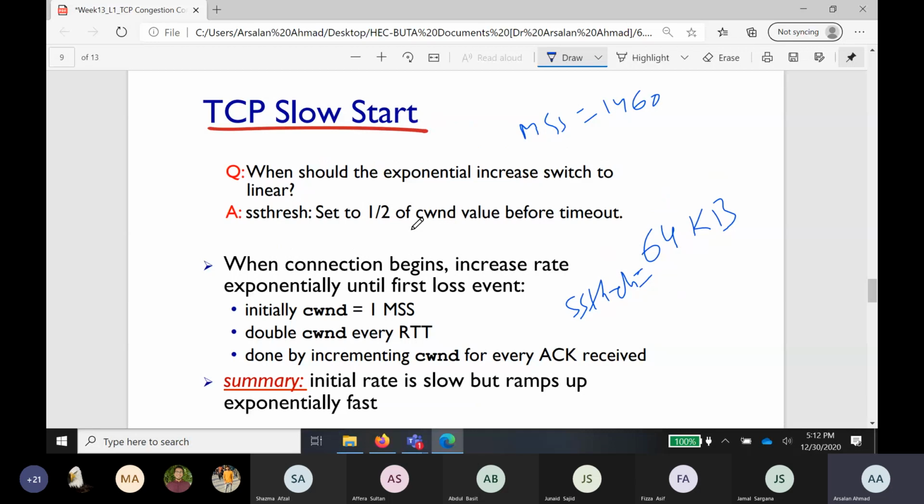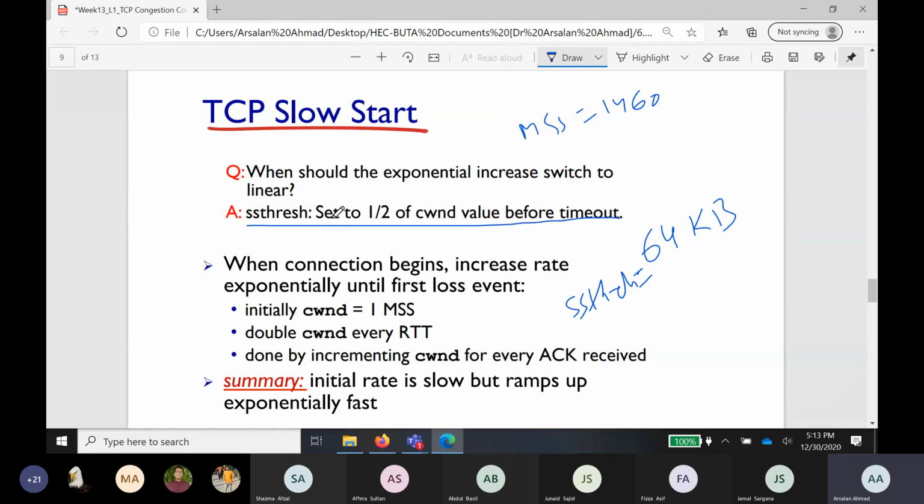But this is only the initial value that we will set, because we don't know the slow start value. Other than that, during the whole transmission, the slow start threshold will be set with the help of this technique.